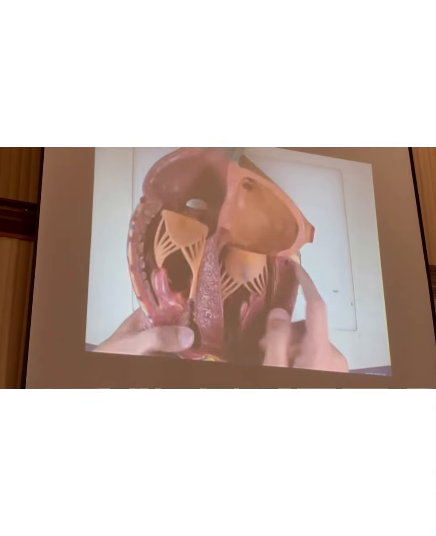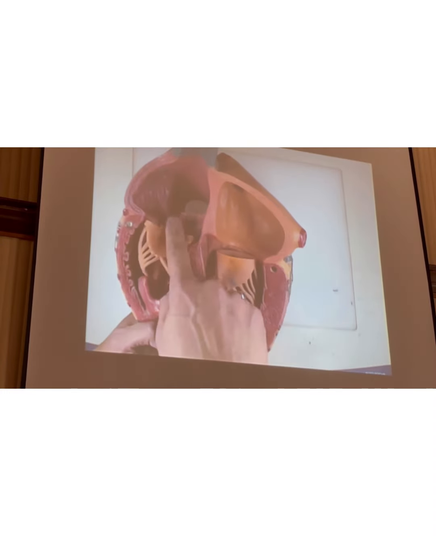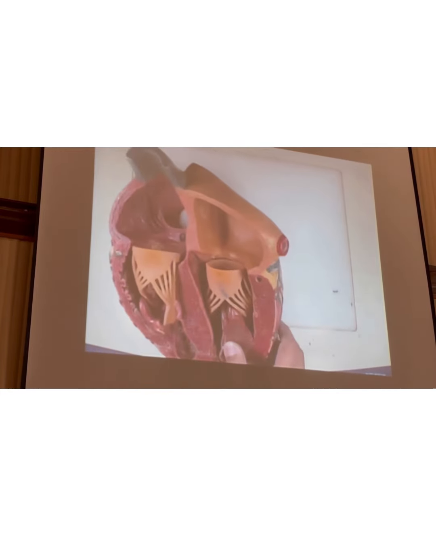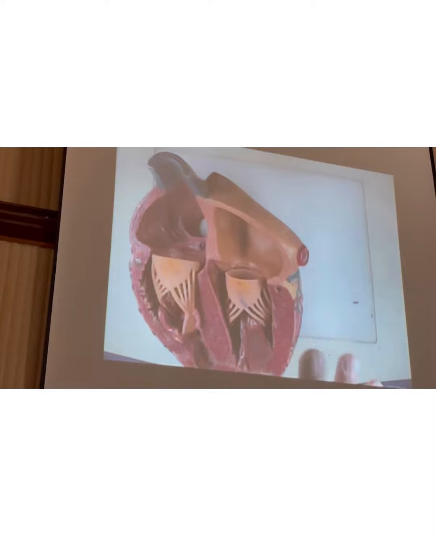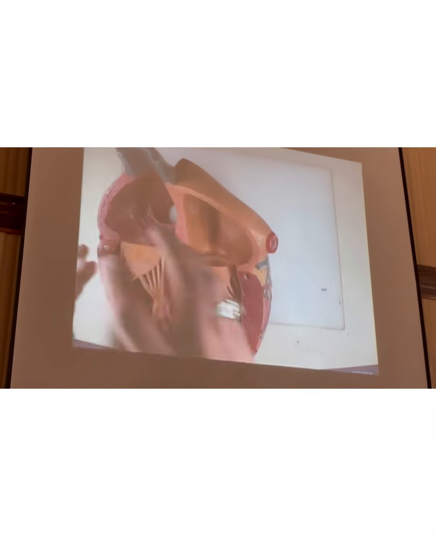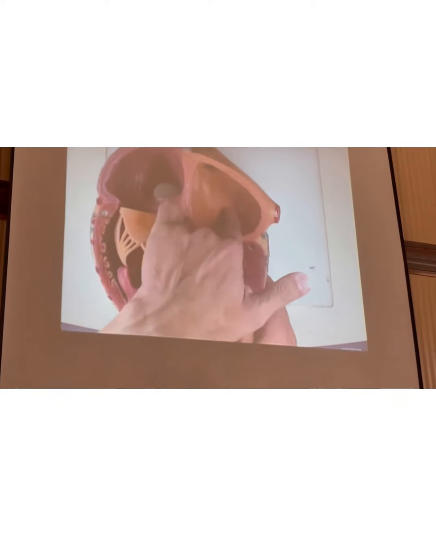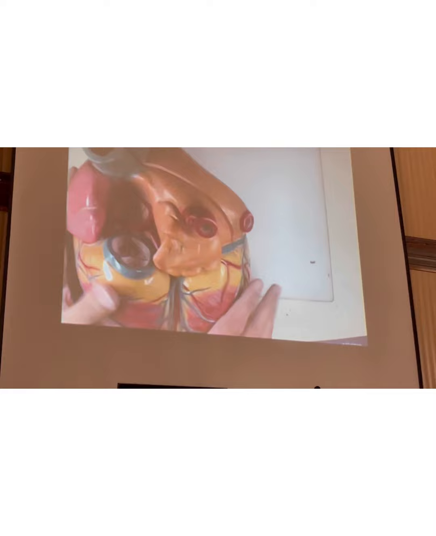The left atrium also resembles the right atrium. It also has the main cavity proper, with the same arrangement or orientation as the right atrium. So we have the main cavity proper and we have the left auricle.